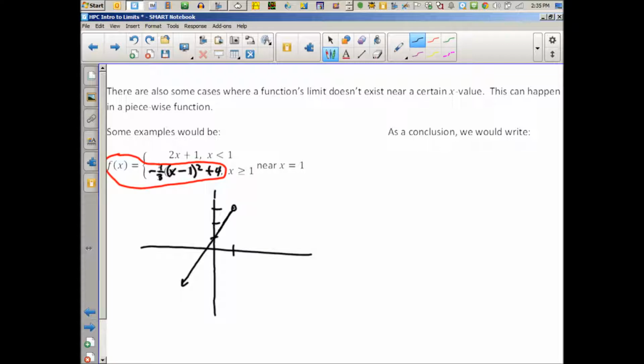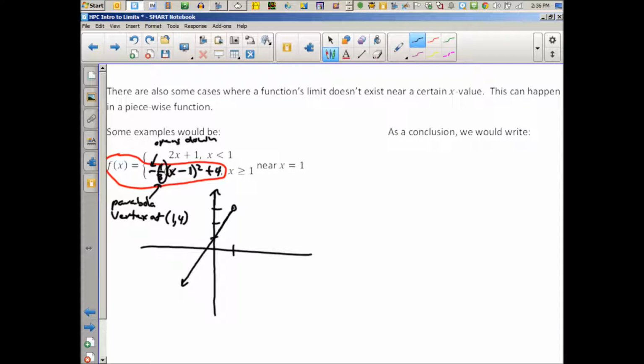But this is just a parabola, you might remember. It's a parabola with a vertex at 1, 4. The negative means that it opens down, right? The 1/3 is a vertical stretch, and so forth.